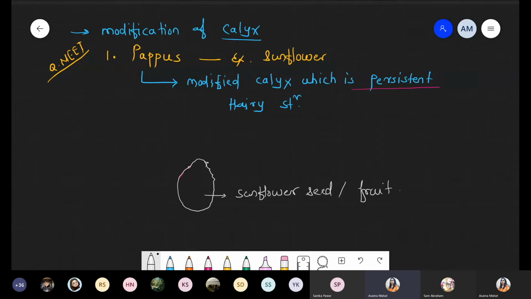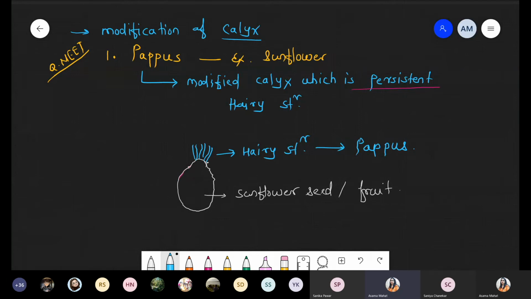Now inside this structure, above the seed, there is the presence of a hairy structure, and that hairy structure is simply called the pappus. So if you see the image at the center, you will see some hairy structure, and that hairy structure is part of this flower.